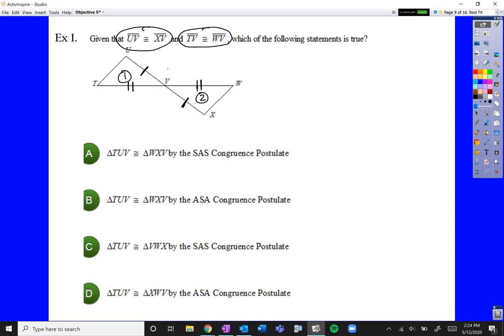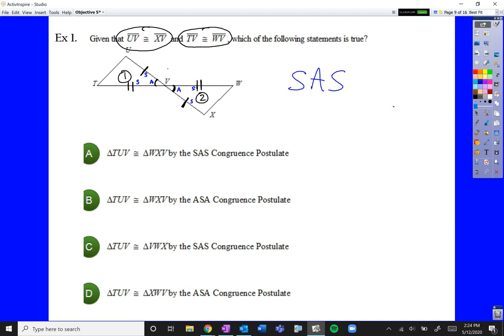And look, remember, when 2 triangles touch at a point and form an X, the angles that are opposite are congruent. So let's think about what postulate we have here. We have a side, an angle, and a side, with the angle in the middle.